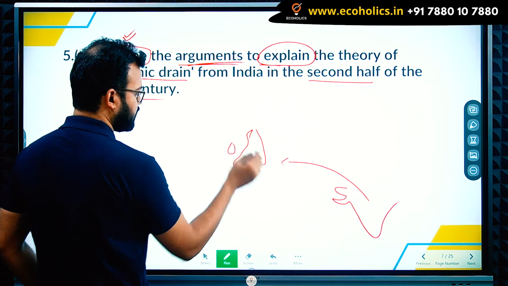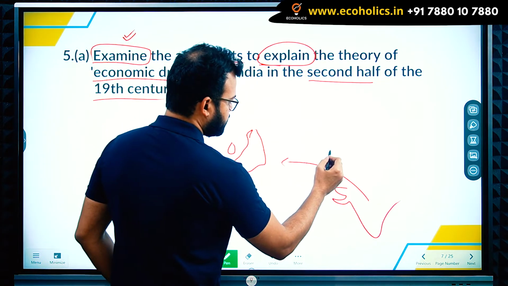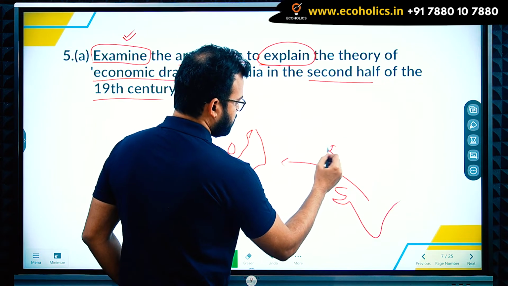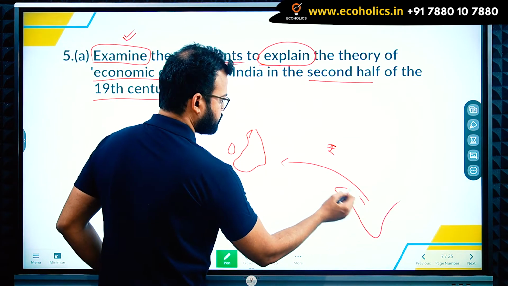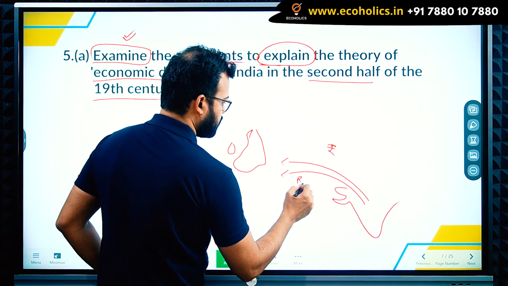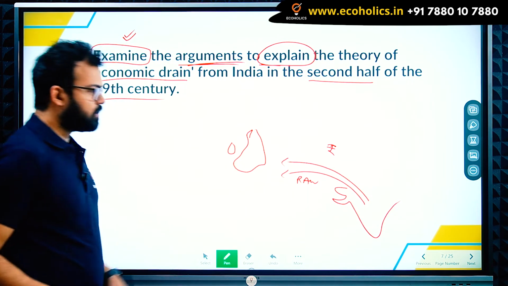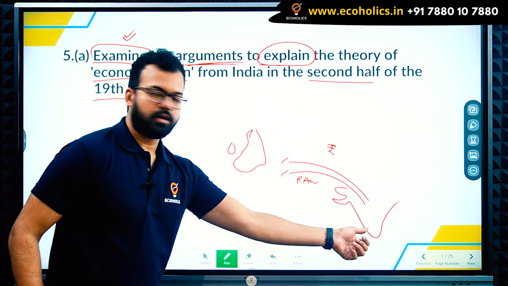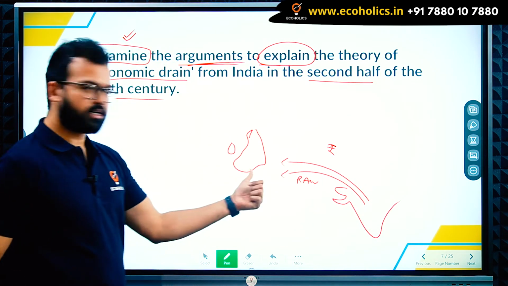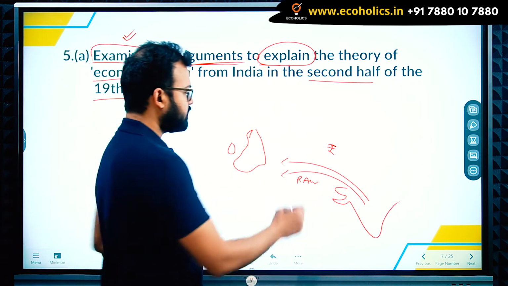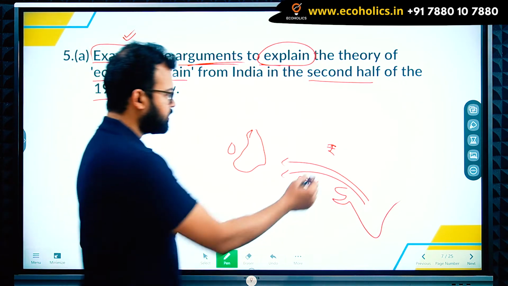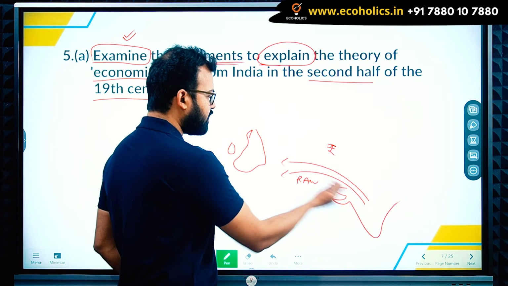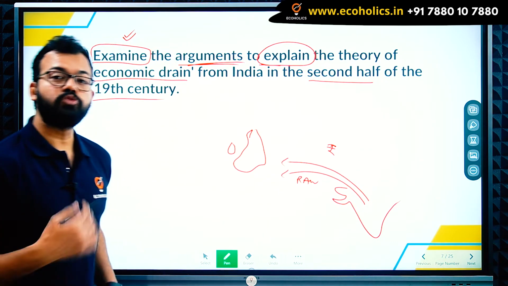The funds, in terms of rupees, and raw material were going from India to Britain, and then in return they were selling the finished goods, so we can say the amount of money was also flowing out of India.